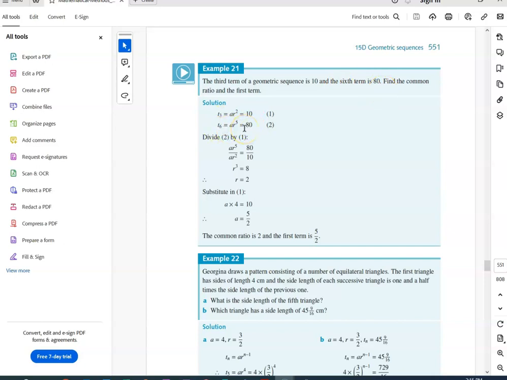So you pop that in, but this time, instead of subtracting one from the other, because you wouldn't be able to, you divide one by the other. Divide, and look what happens. What's A divided by A? Correct, it cancels. R to the 5 divided by R squared, what happens when you're dividing by the same base? Subtract the powers, and then 80 divided by 10 is 8.